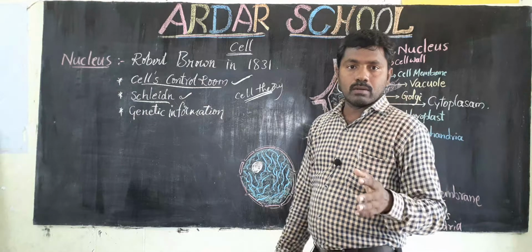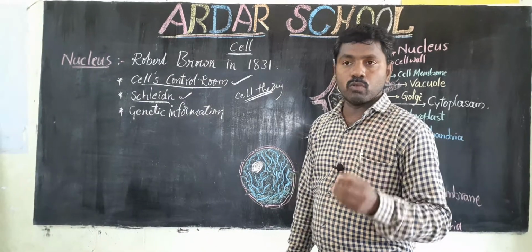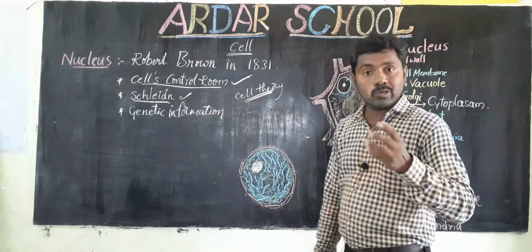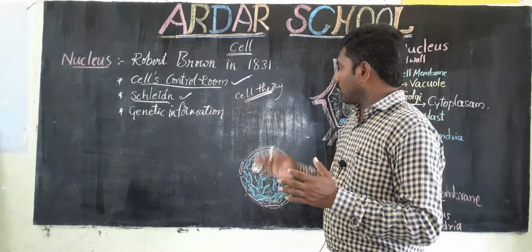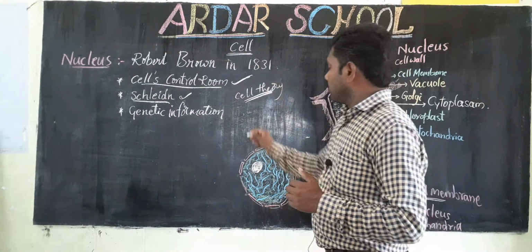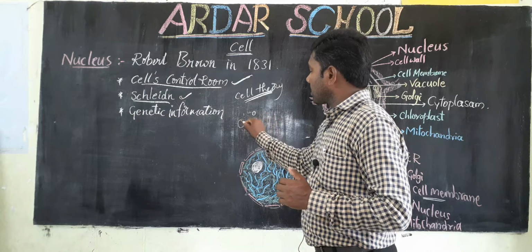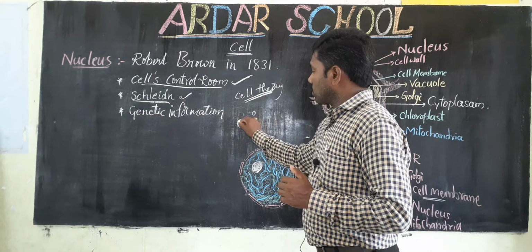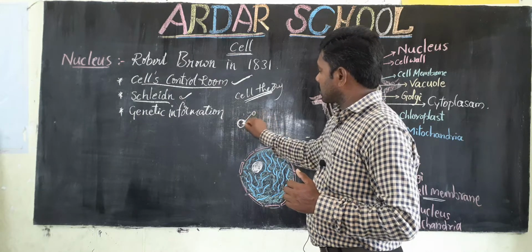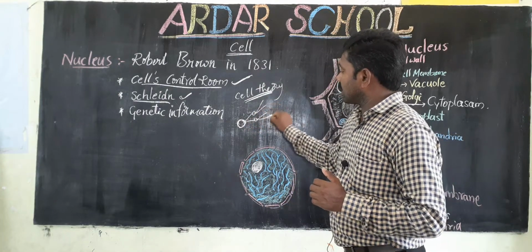Every new cell arises from pre-existing cells. Every new cell, or daughter cell, arises from pre-existing cells. For example, these are the new cells. These cells come from a pre-existing cell. From this cell, daughter cells are forming. This is called the cell theory.